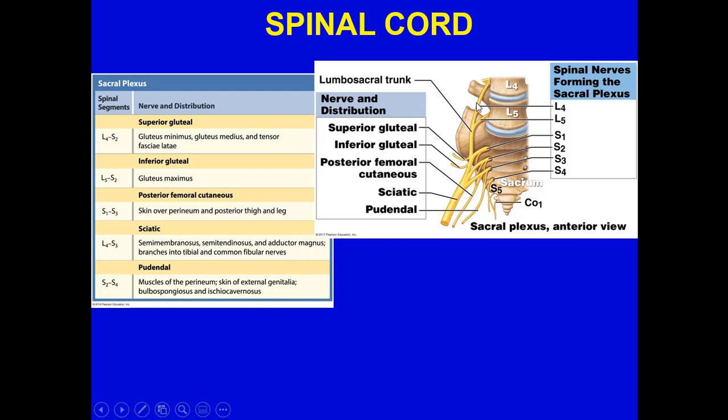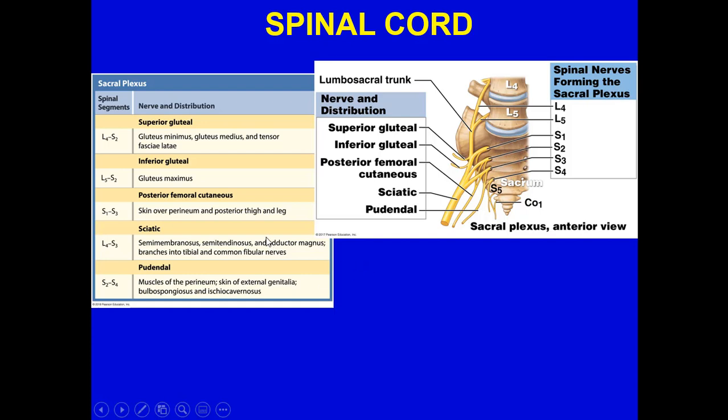But you do have the superior gluteal, the inferior gluteal, the posterior femoral cutaneous, the pudendal, and of course then the sciatic. Okay? I do expect you to have a good understanding of what these nerves are, where they basically place themselves.